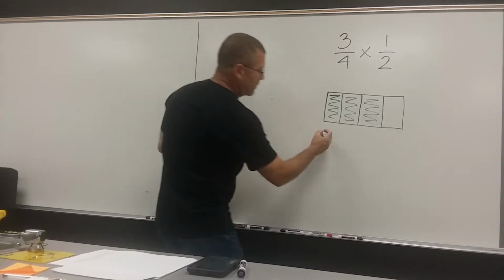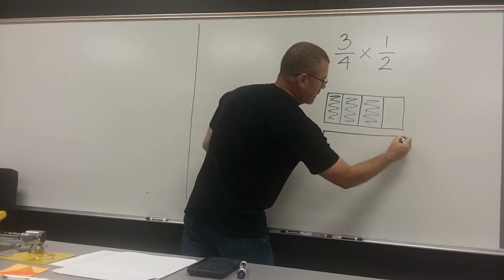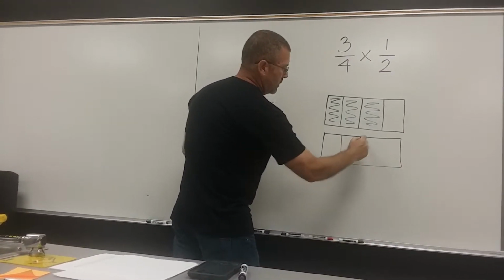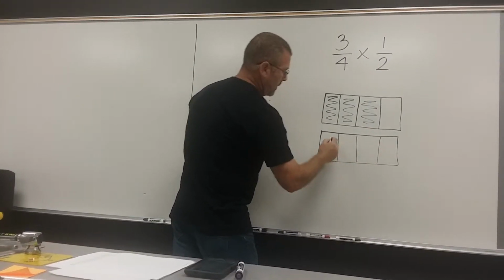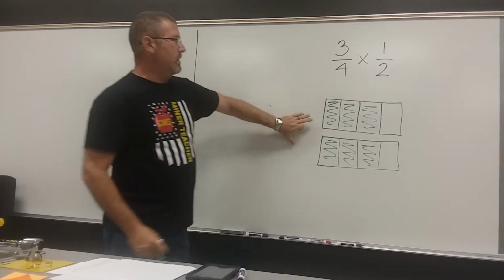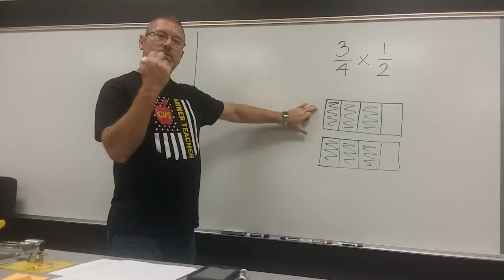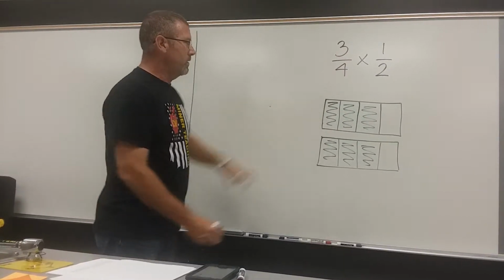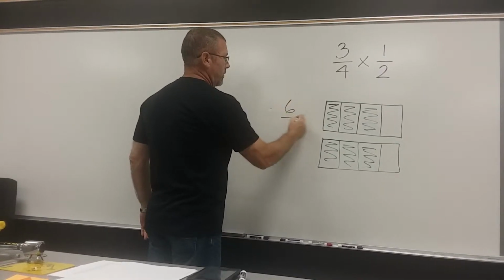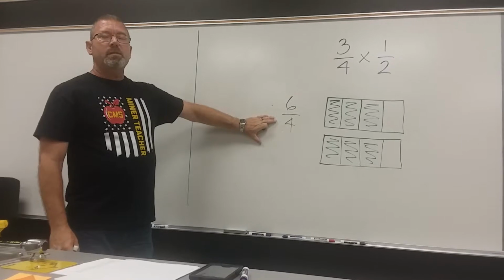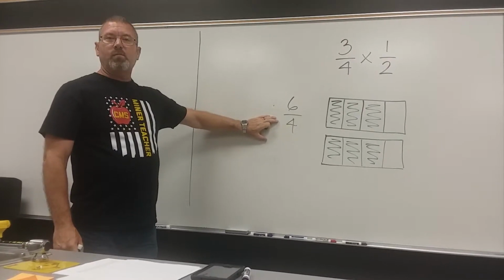And so I'd actually have to draw yet another rectangle. Again, I'm going to split it into 4 parts. Here's going to be the 3/4. And now, as you can see, we have 3/4 2 times. So if I count exactly how many fourths I have, we're going to have a total of 6/4. So 3/4 times 2 is going to be 6/4.